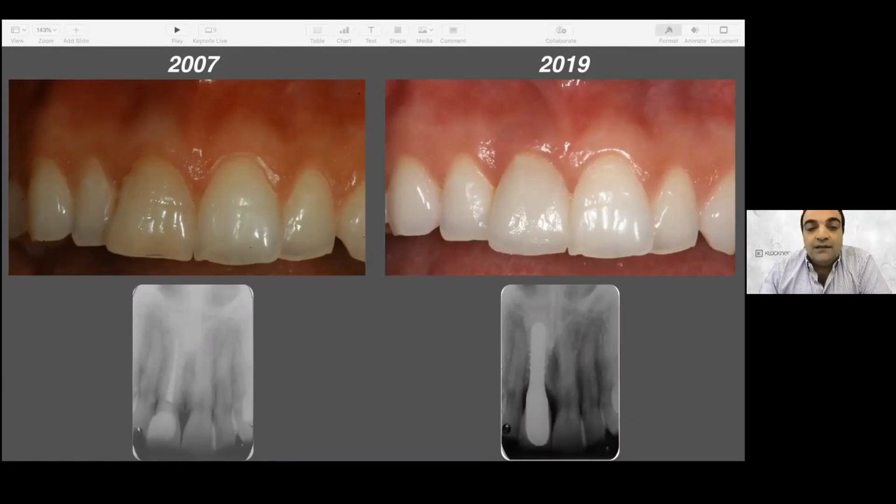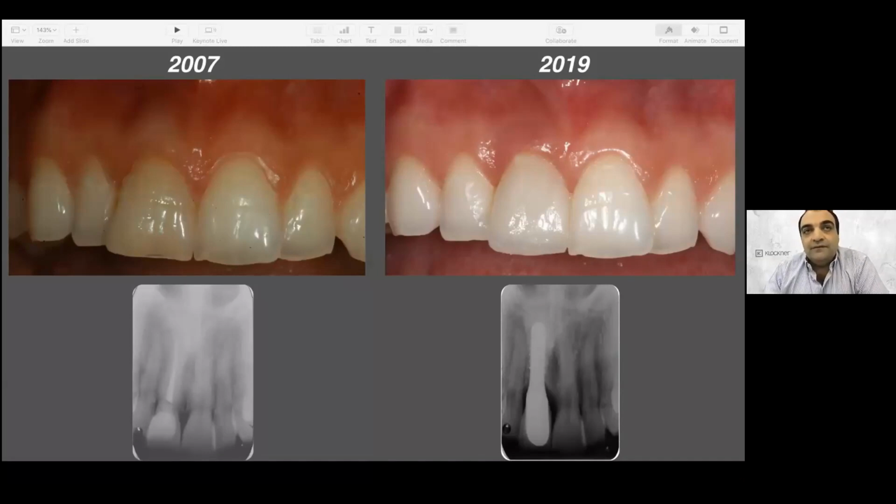This is why this technique was criticized, and there was a lot of discussion about whether or not we should do immediate implant placement. This is why I'm going to focus today on how to do this technique in the right way to avoid these complications.